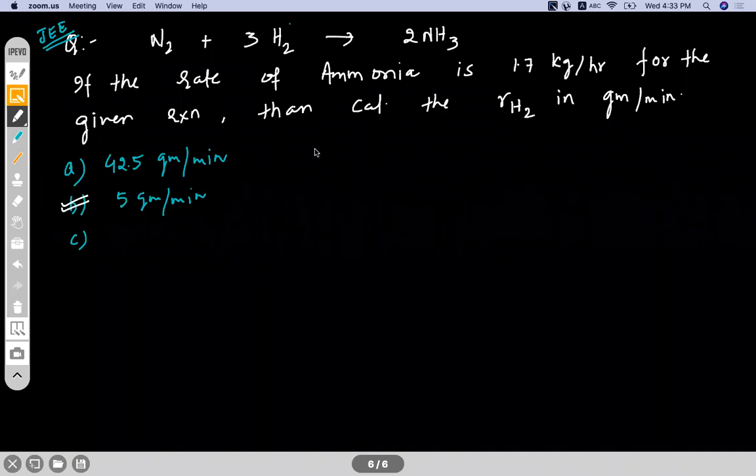rate of ammonia is given, right? So R of NH3 equals 1.7 kg per hour.